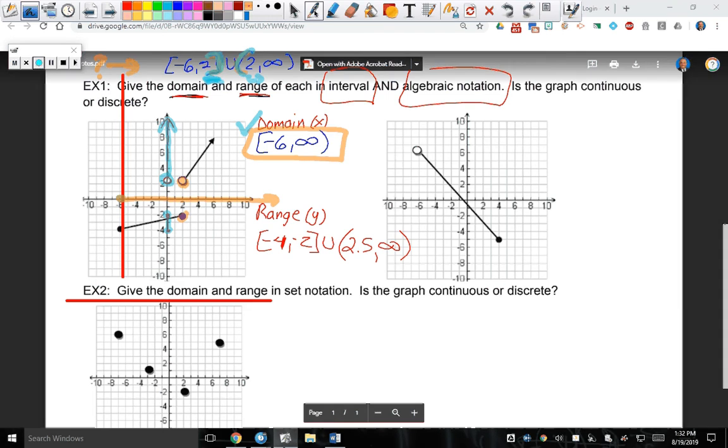Alright, so now let's do the algebraic notation. If I want to write -6 to infinity as an algebraic notation with inequality symbols and so on and so forth, anyone, how could I write -6 to infinity?